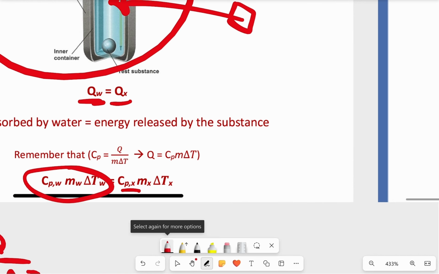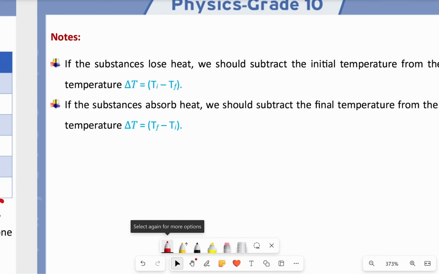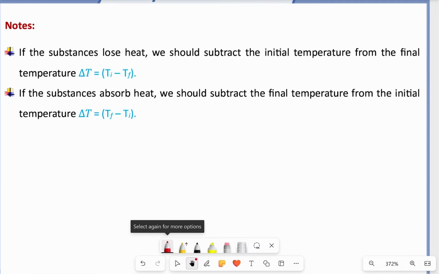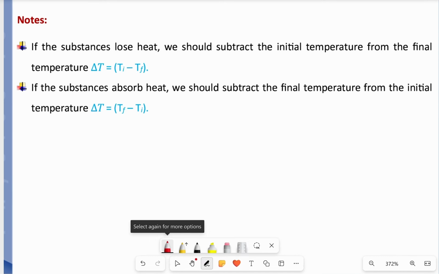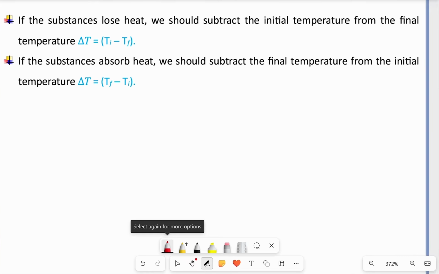This equation seems to be difficult, but believe me, it's not. You only need 2 notes to calculate questions with this equation. First of all, if the substance loses heat, we subtract the final temperature from the initial temperature: initial minus final, not final minus initial.